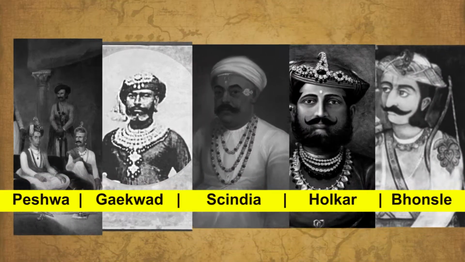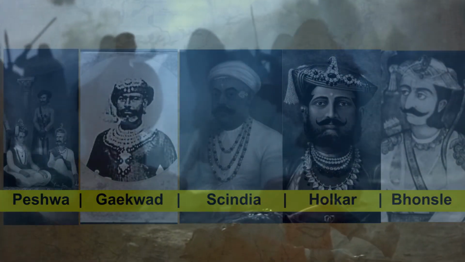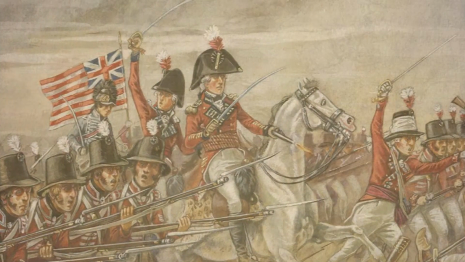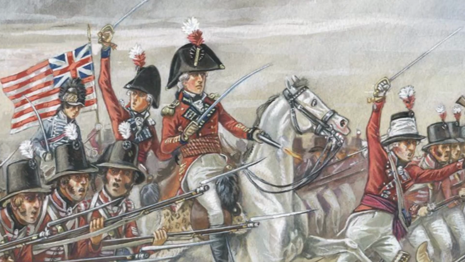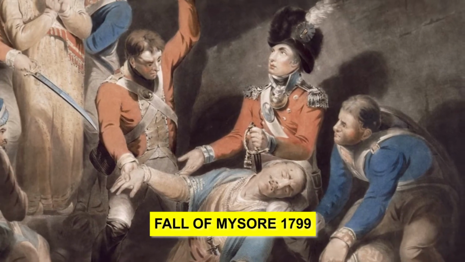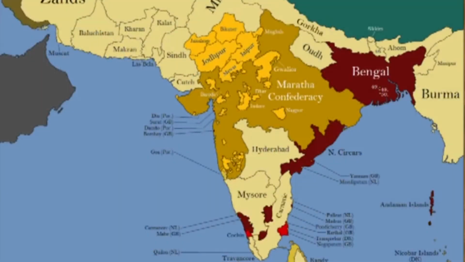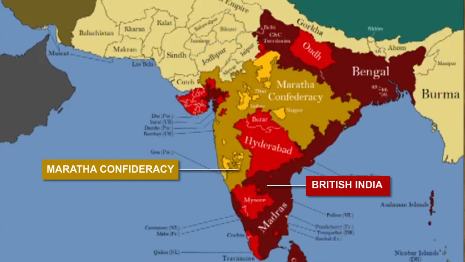But all of them were engaged in such bitter conflict among themselves that they ignored the real danger from the rapidly advancing foreigner, the British. With the fall of Mysore in 1799, the Marathas were the only major Indian power left outside the sphere of British control.